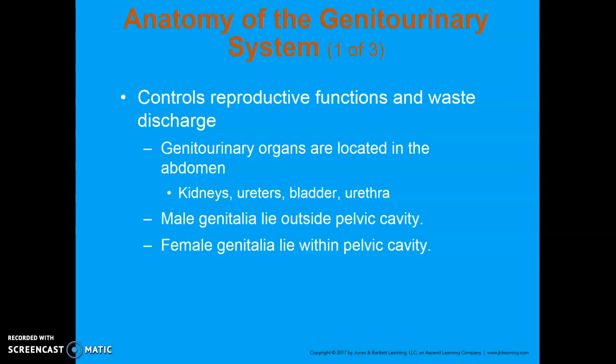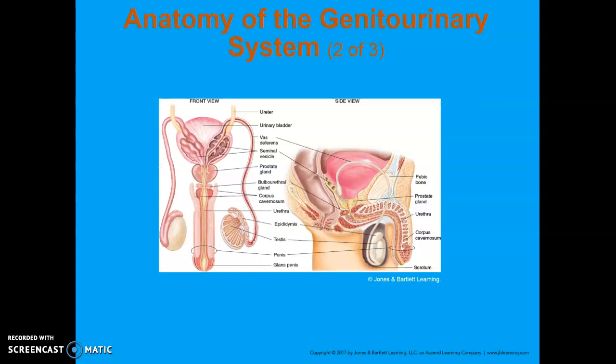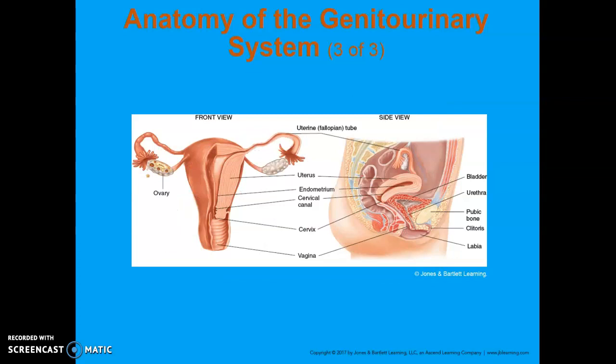Your male genitalia obviously lie outside of the pelvic cavity, where the female genitalia are more protected within the pelvic cavity. Here's an overall picture representation of all of the different organs. Here's the male, and here's the female. You can kind of see how it's seated within the pelvic cavity.